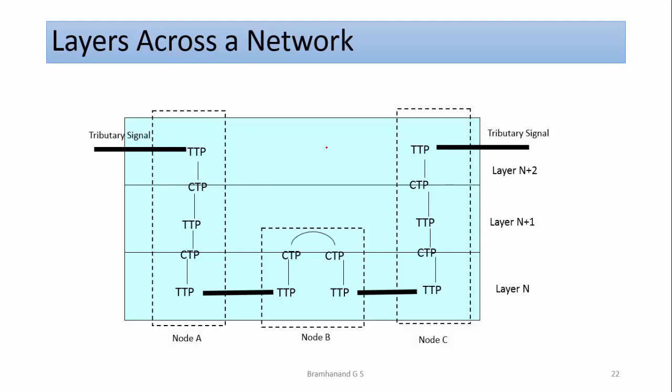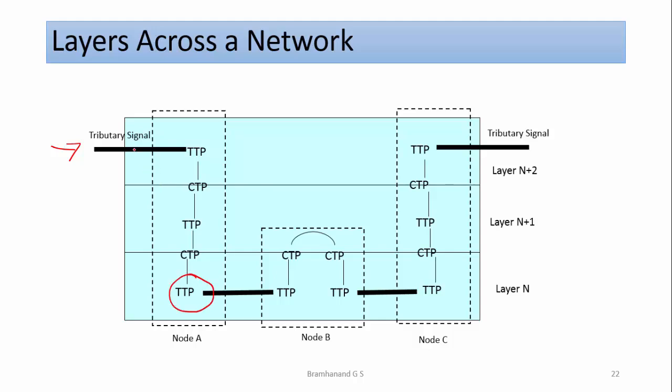Now, layers across the network. Whenever a tributary signal is put into a node, as we discussed in one of the slides, it can undergo multiple muxing within an NE and reach a TTP.